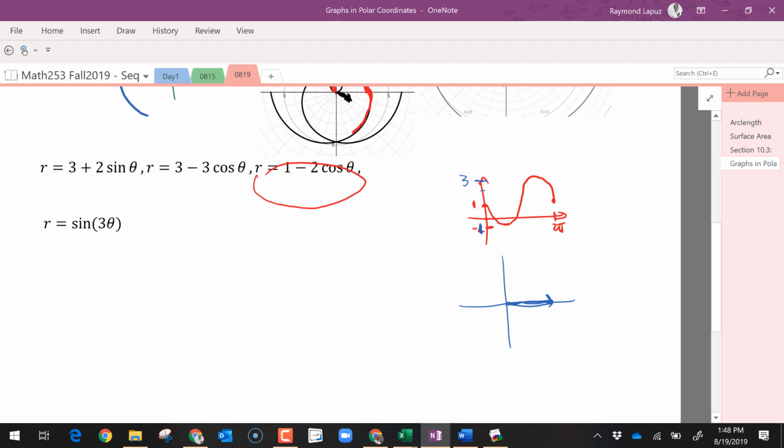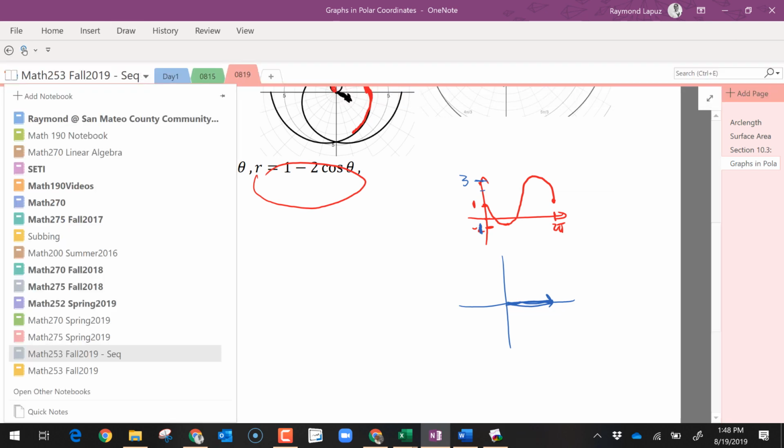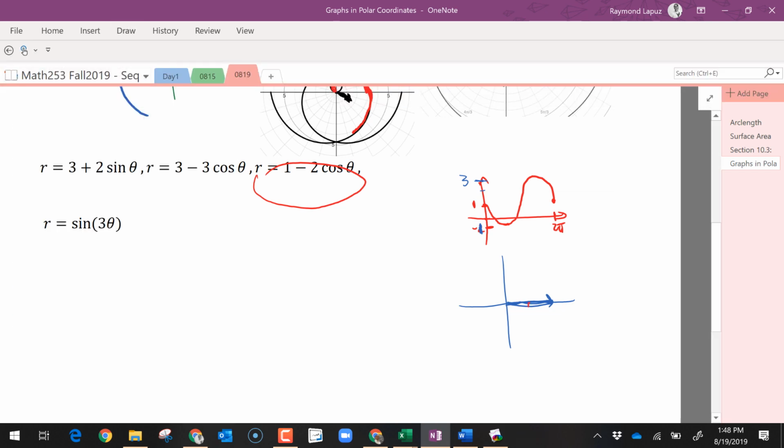All right. So you start off pointing in a theta equals 0 direction, and what's your R value? So you can put theta equals 0, or you can just look at the graph. R is going to equal 1. So we have a 1 here.